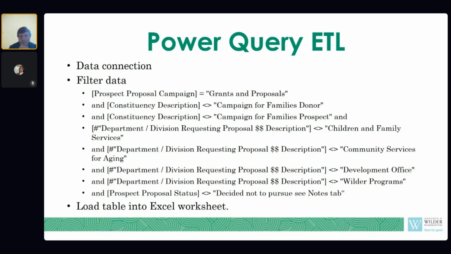I'm not going to go through it step by step, but you can get the idea that we apply conditions within the process to be able to limit the selections that we're pulling in so that we focus just on what we want for data and what we need for this particular process. The last part of the ETL process is to load the data actually into the Excel worksheet and be able to engage with it in a different way to be able to do our data test and validation.